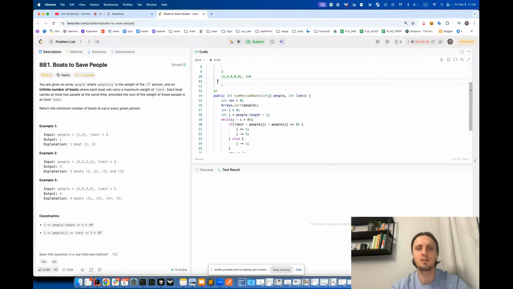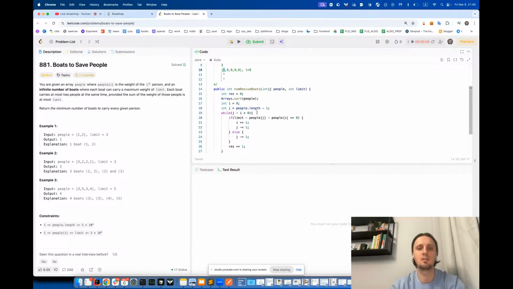What if we have another case? For example, if we have all 9s, so what do we have? We have like this one, right? And we put 3 boats, and then we have again 2 persons, but then they are still here.